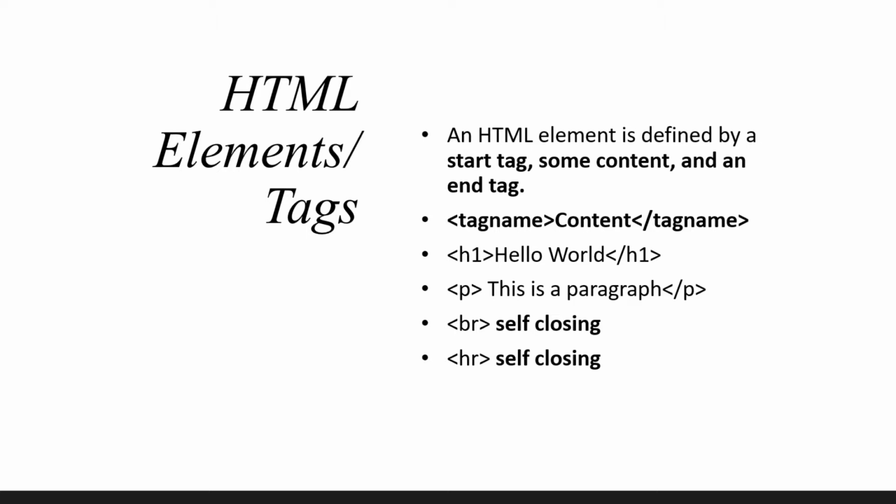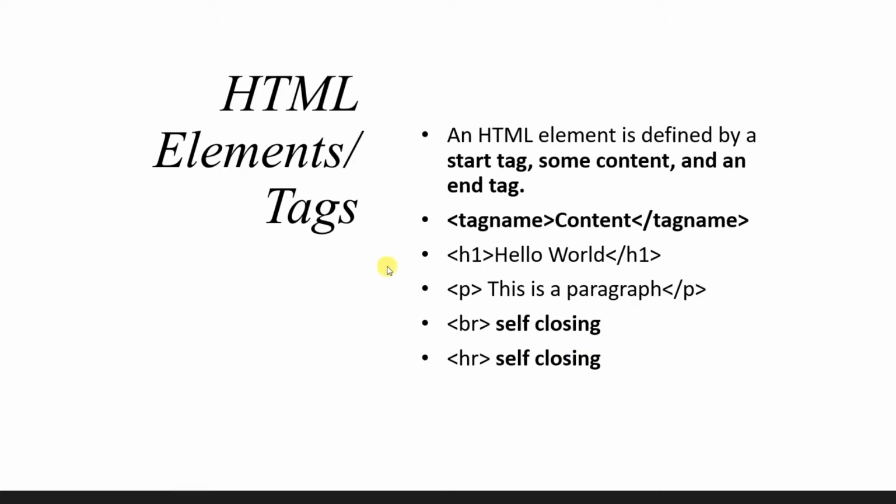To start a tag, you begin with the left angle bracket, the tag name, the right angle bracket, then you put the content. To close the tag, you start with the left angle bracket, a forward slash, the tag name, then the right angle bracket.